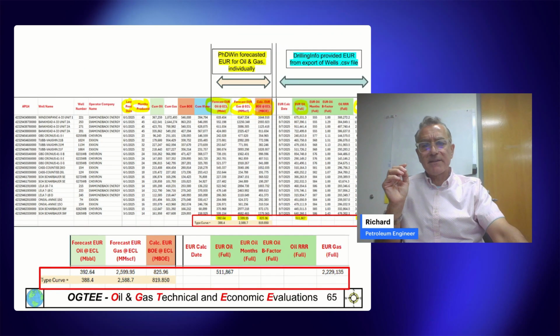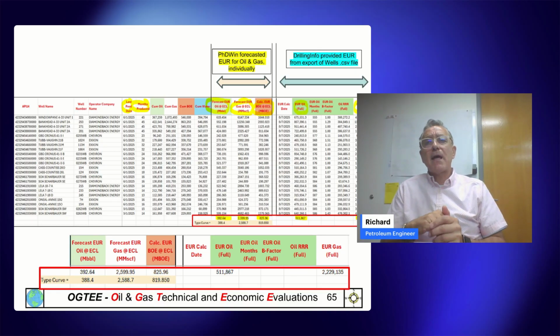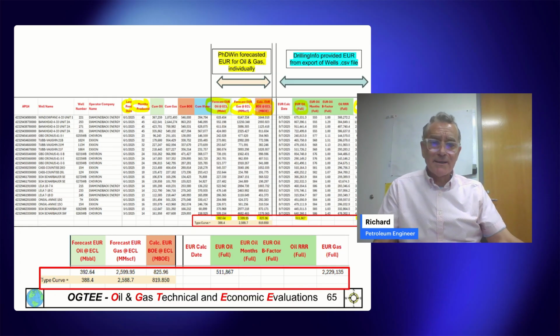Now, here is something I thought I would share for those of you who would like to compare to what Drilling Info provides in the CSV file you can get when you download an area of interest.